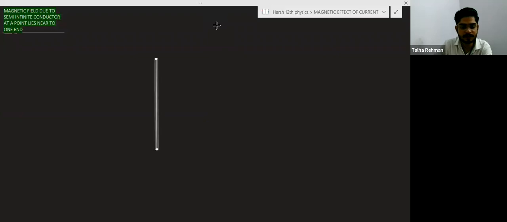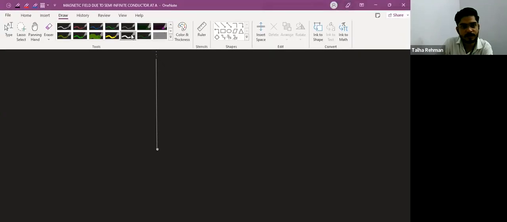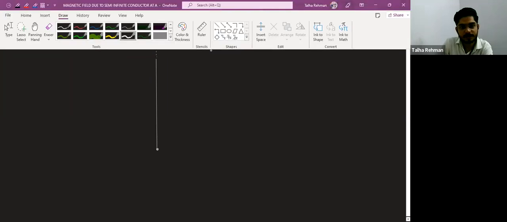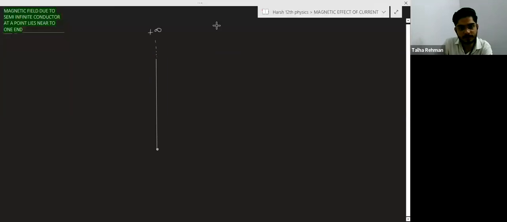Semi-infinite means here the length is infinite, but here is a finite end, and you have to calculate the magnetic field at a point which is at a distance of A from this end.